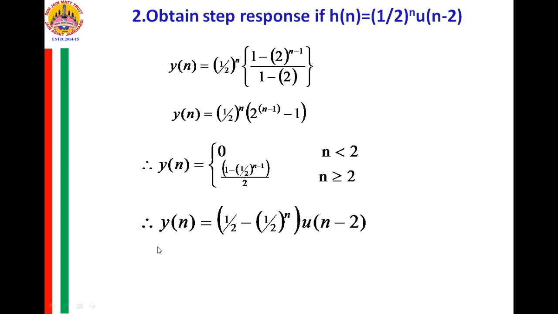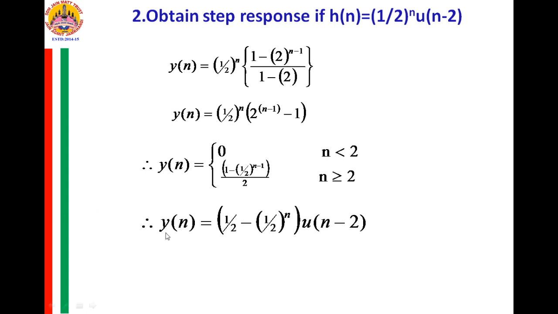Now this y[n] can be redesignated as s[n] because this is a step response. This output y[n] is obtained with the step input. So this y[n] can be redesignated as s[n], since it is asked to obtain a step response.